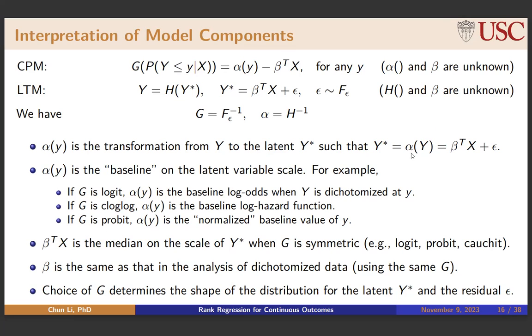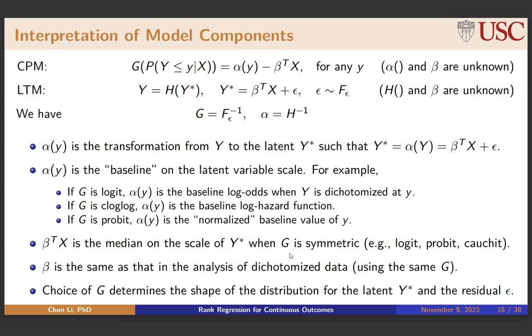That alpha function is the baseline. In the proportional hazards model, we talk about the baseline hazard function. Here, if you use a complementary log-log link function, you would have a baseline log hazard function. If you use a logit link function, you would have a baseline log odds, and with a probit link, a baseline normalized model value. And beta X is the median.